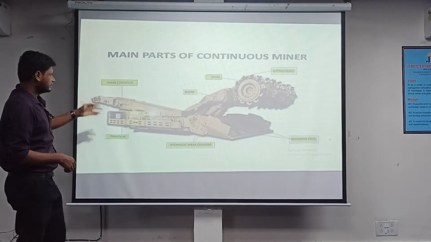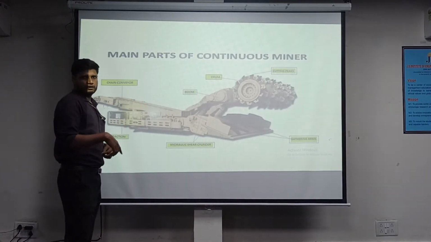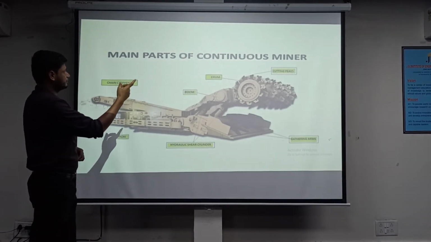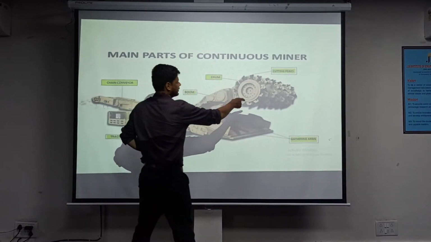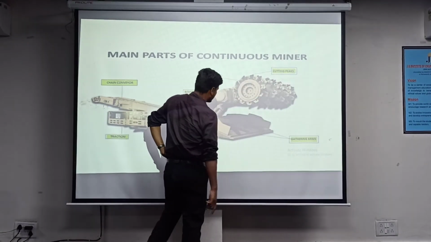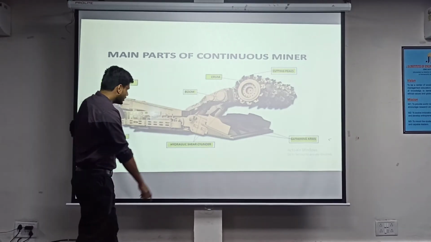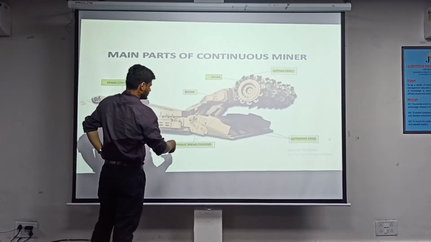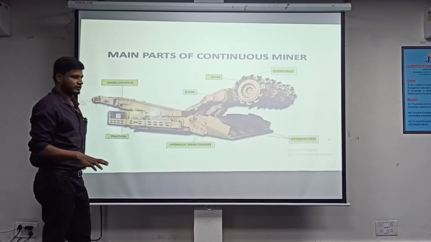This is the whole figure of a continuous miner, and the components are shown, like the drum and cutting machine. Here you can see the gathering arms, and these are the hydraulic power cylinders which support during the cutting of the coal in underground.